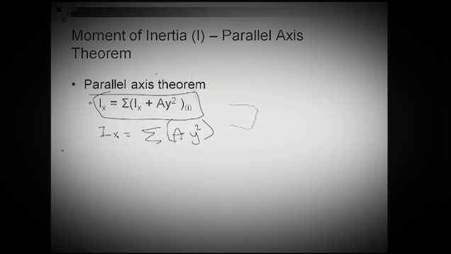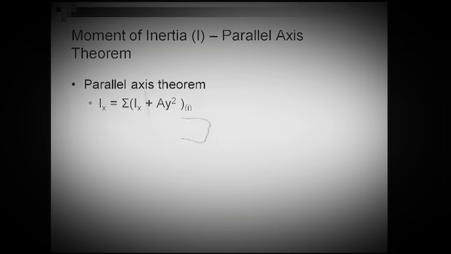And if you were to logic your way around it, all it says is you take the moment of inertia of that individual segment and you add to it the area of that segment times the distance from the neutral axis to the center of that segment, squared.